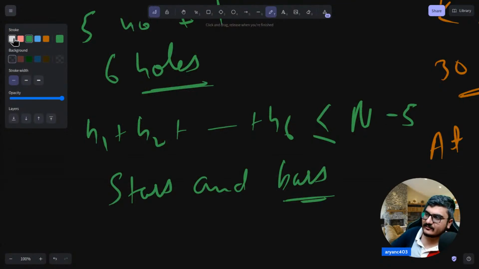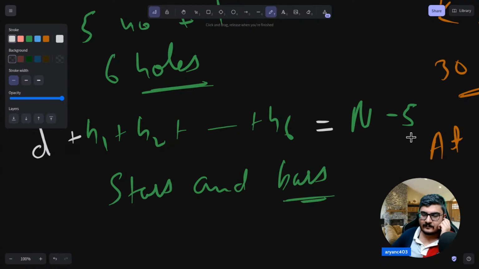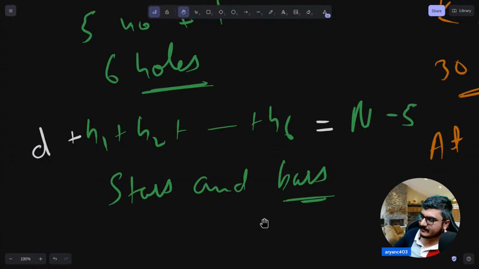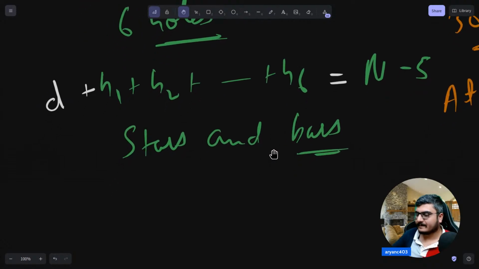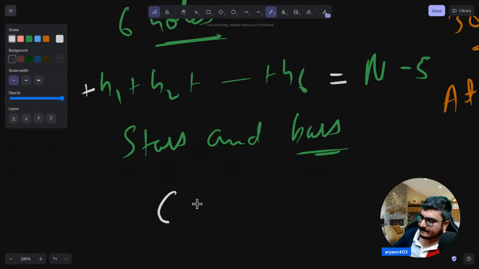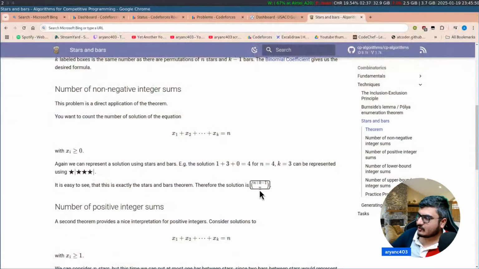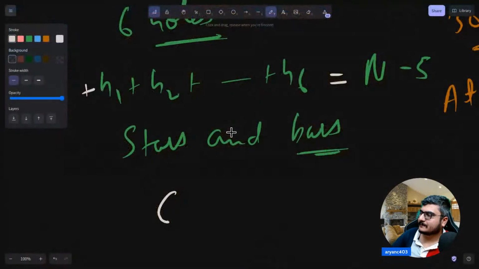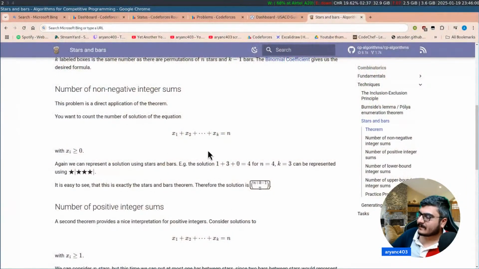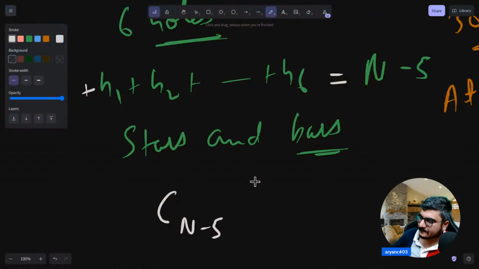So what we can do is add a new variable, let's say delta, and use that delta to make up for the sum equal to n minus 5. And this essentially ends up being a solution here. So the number of solutions you have is nCr. Here you have n, basically the sum you need, which would be n minus 5.